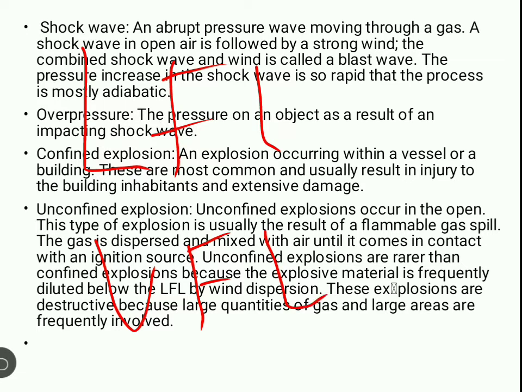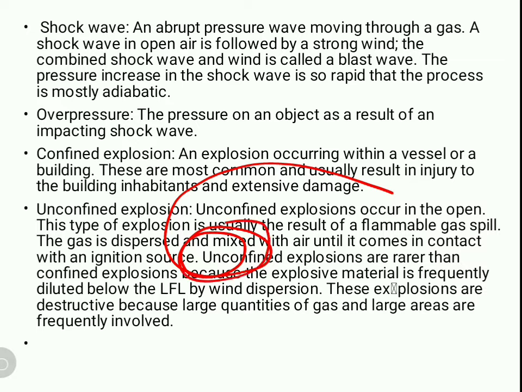The explosion will take place only when the composition is within the LFL and UFL. Generally in a plant, air is always present and it will mix with that vapor and continuously dilute it. That's why it is rare.